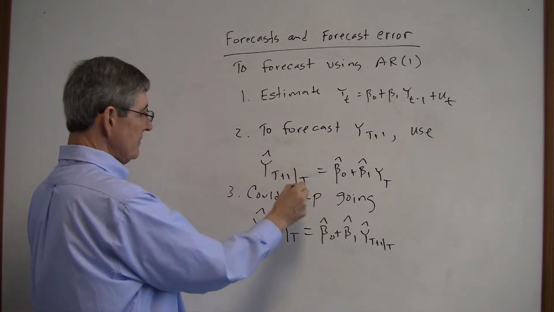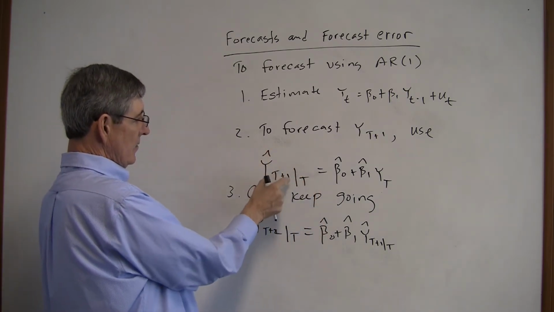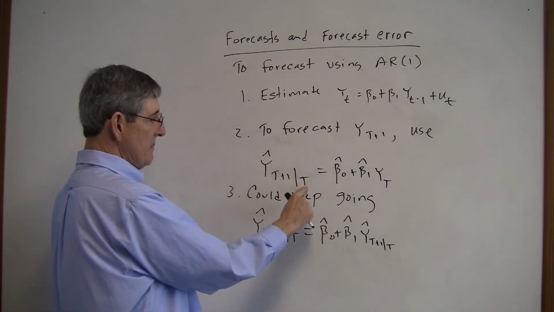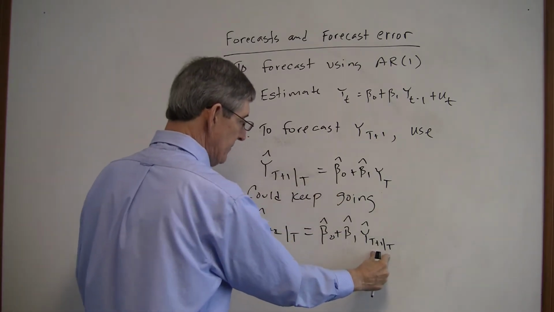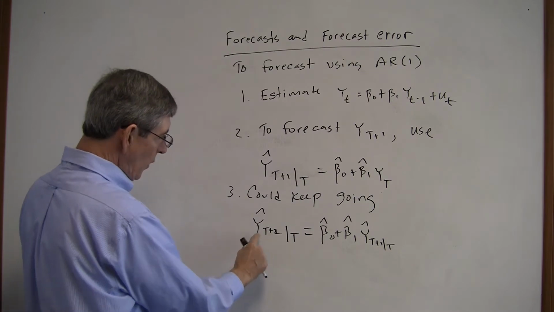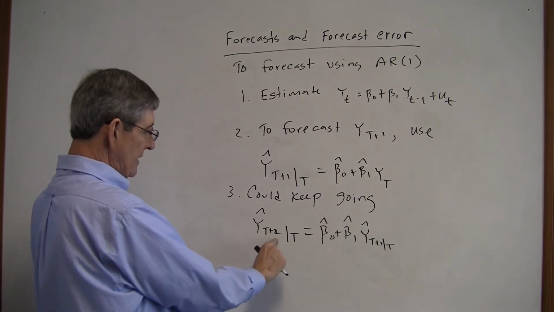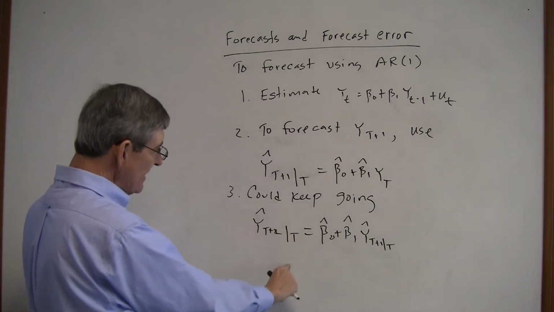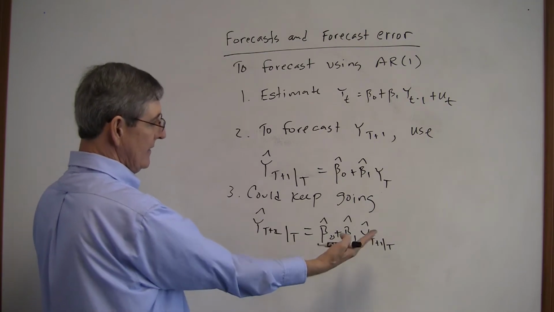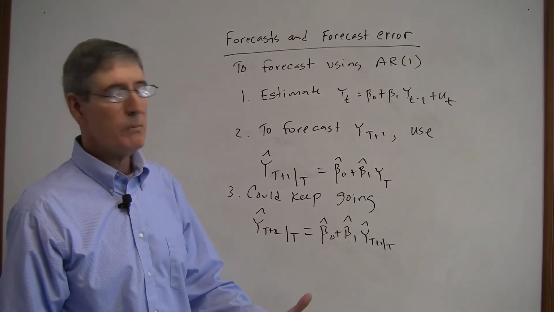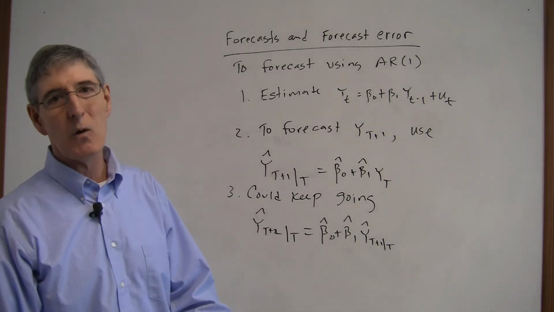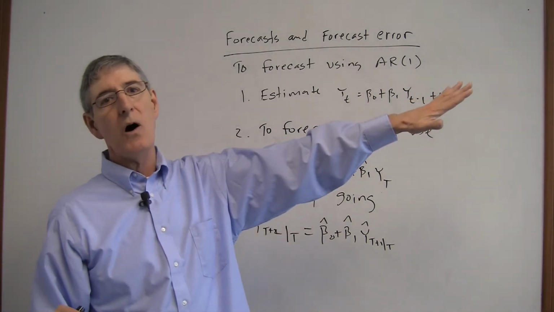So we've just estimated y at time t plus 1 based upon data through t. We can use that estimate to forecast y t plus 2 based upon data through t, and then I could use this to get yt plus 3, use yt plus 3 to get yt plus 4, and go as far out as I want.